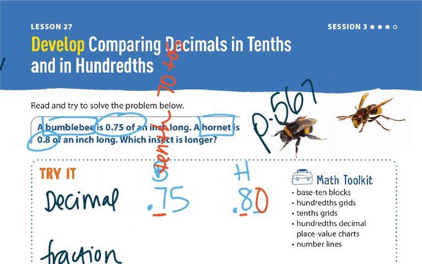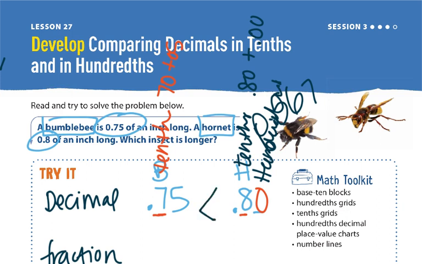And I know that when I look at this 8 right here, this is in the tenths place. So 80 cents plus, there's no pennies. There's nothing in the hundredths. Okay? All right, so which one's greater? Is 75 cents more or 80 cents, Eli? 80 cents. Put your Pac-Man going that direction.